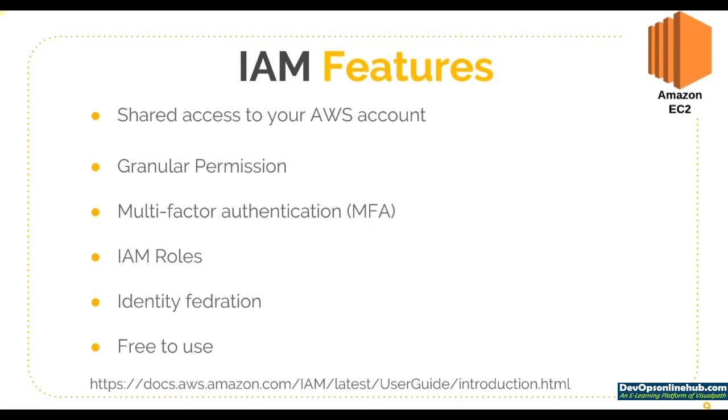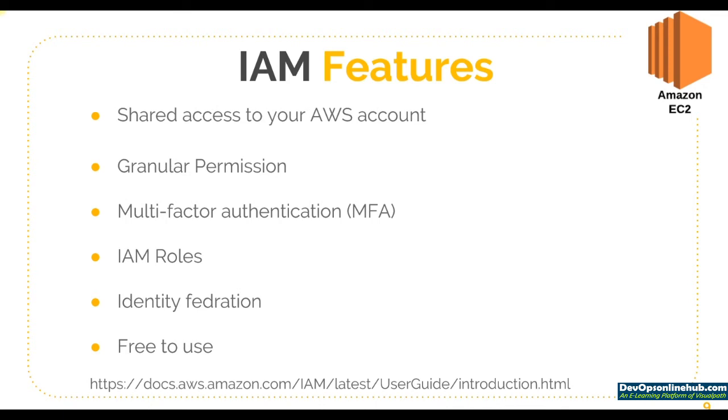But let's say you have a developer who needs access to the S3 service. You don't want to give that user complete access. So you'll create an IAM user for the developer, and you will assign the permission on, let's say, the S3 service. Again, in S3 also you have read permission, write permission, and different policies, more granular permissions you can set. So it's better we lock down first and we enable permissions for the user.